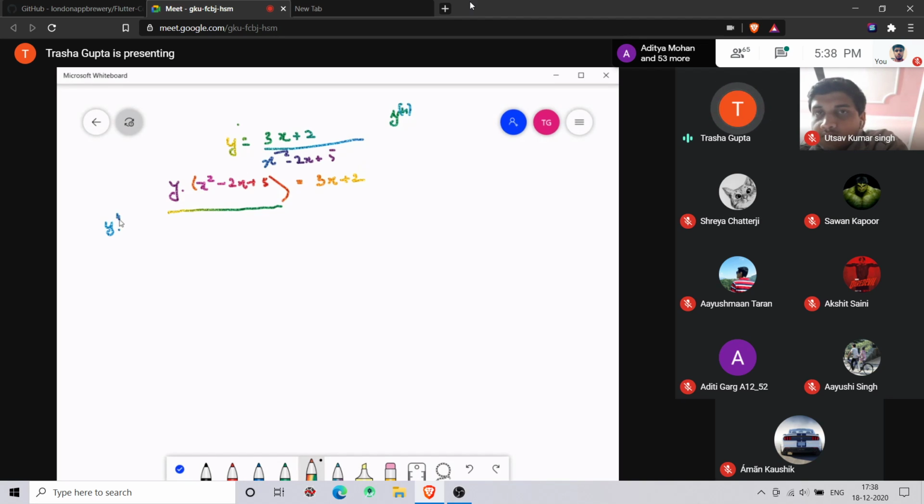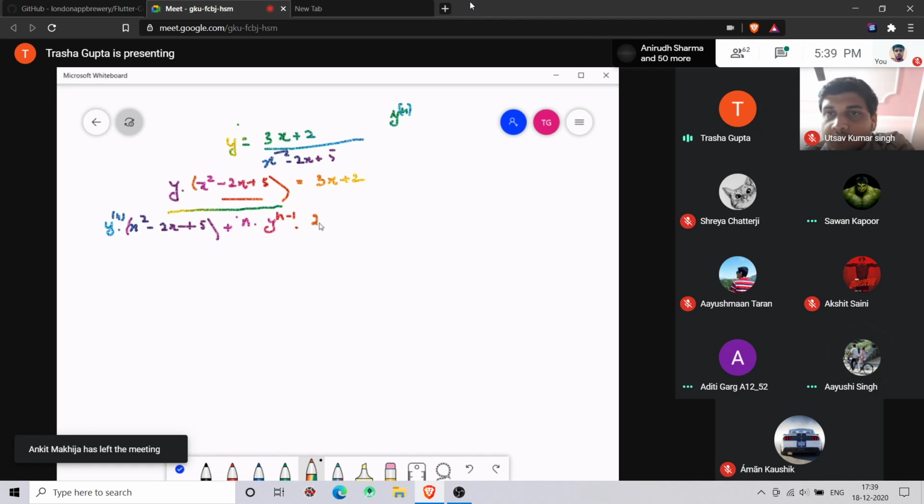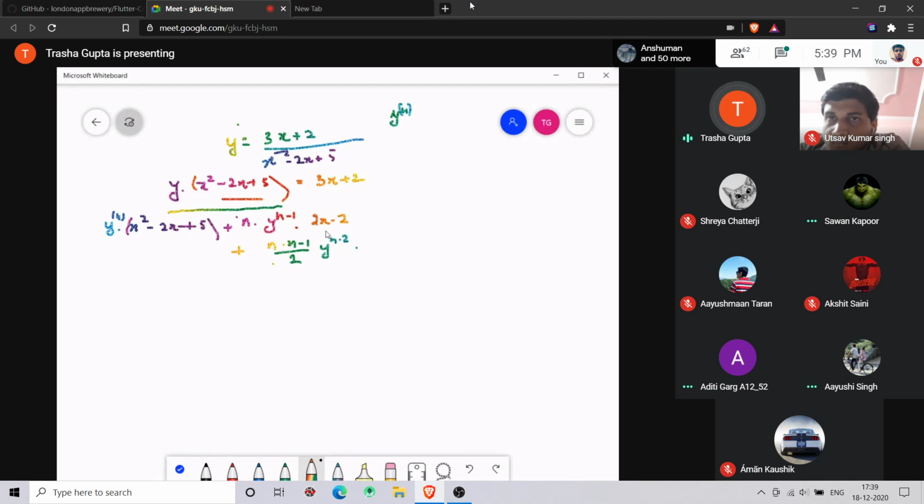The nth derivative of y into (x square minus 2x plus 5), then what comes next? nC1 into (n minus 1)th derivative of y into first derivative of this function, which is 2x minus 2, plus nC2, which is n into (n minus 1) divided by 2, y (n minus 2), into the second derivative, which is 2.